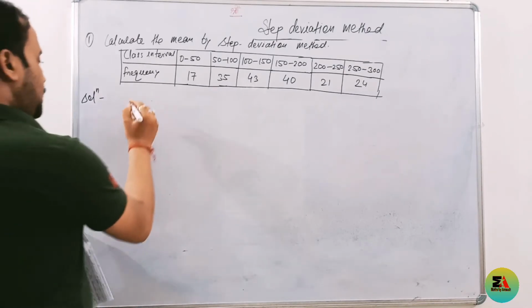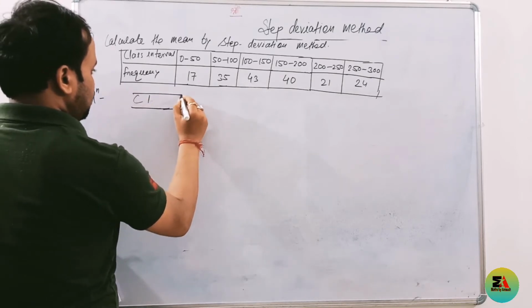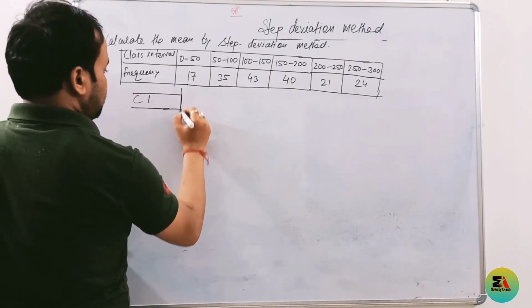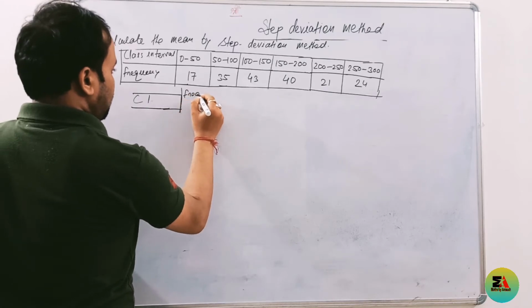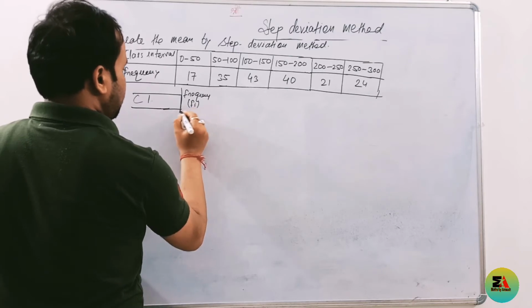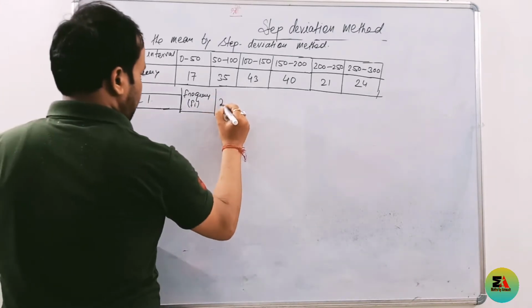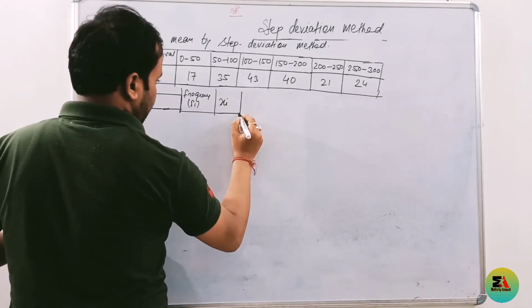Now make the columns. This is your class interval. This is our frequency, represented by fi. xi is the class mark, as we know.